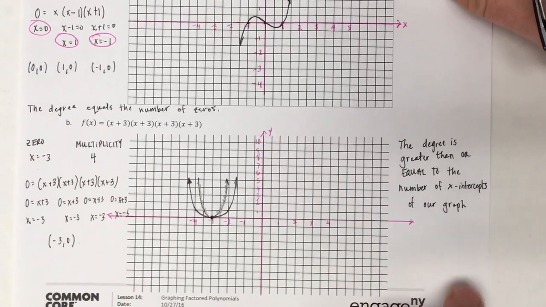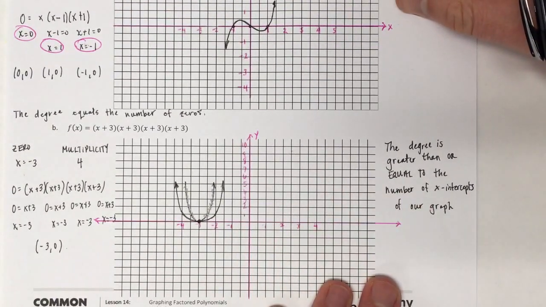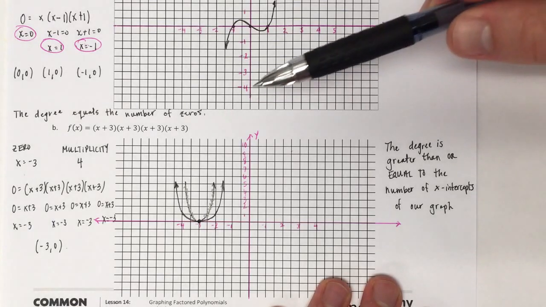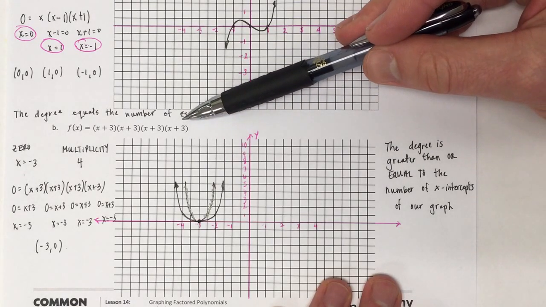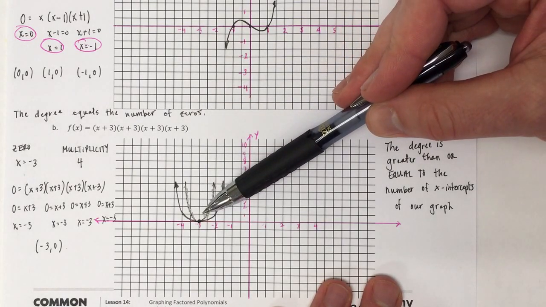And so this ultimately is the way we need to word it, which is a really important part of understanding the connection between any equation and the graph.